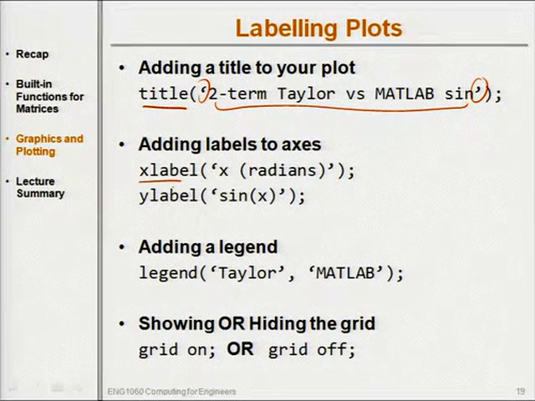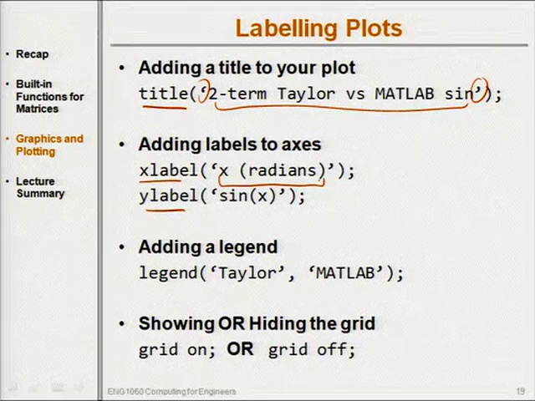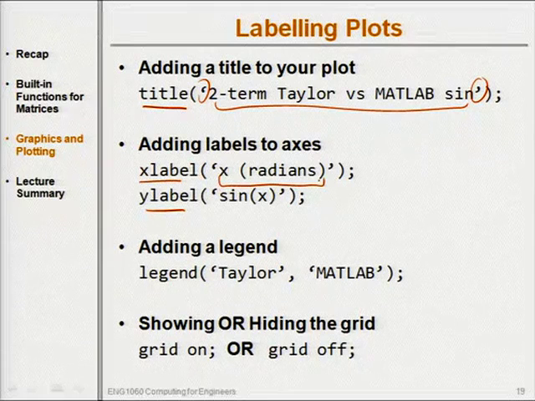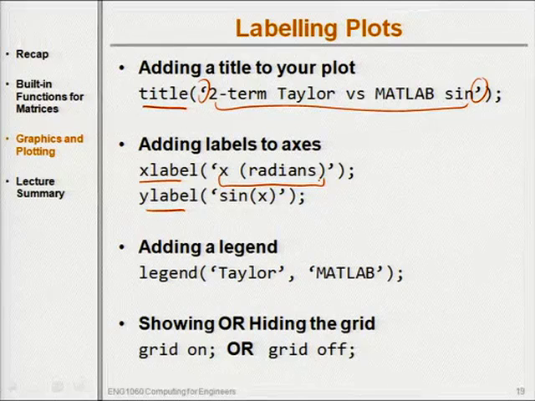The syntax is xlabel and ylabel. Again, round brackets, you have the quotation marks, and anything you write in between will appear on your X-axis. You can add the legend, especially if you have multiple curves, so you want to know which one is which.